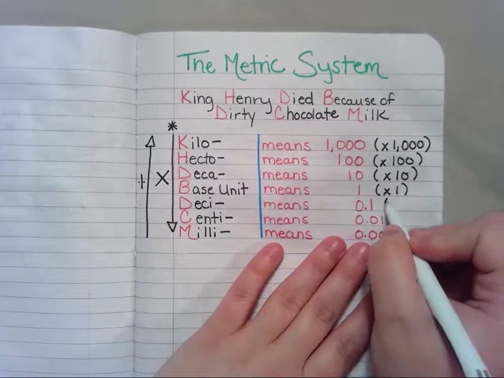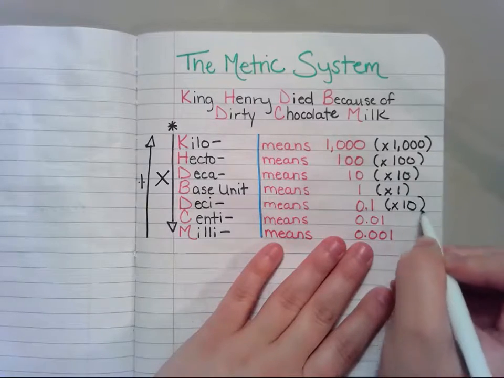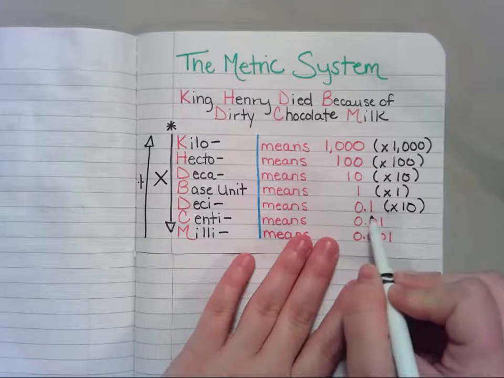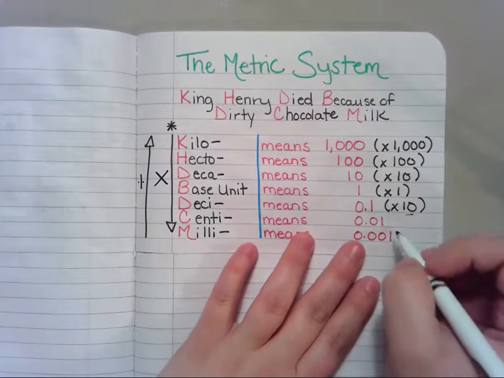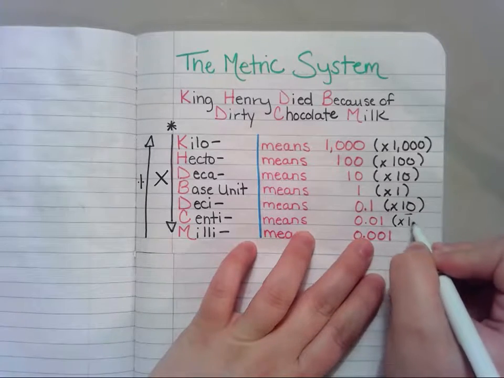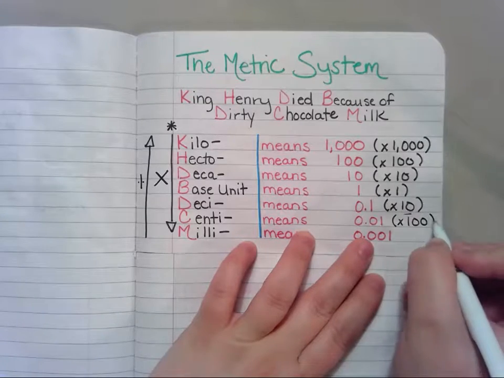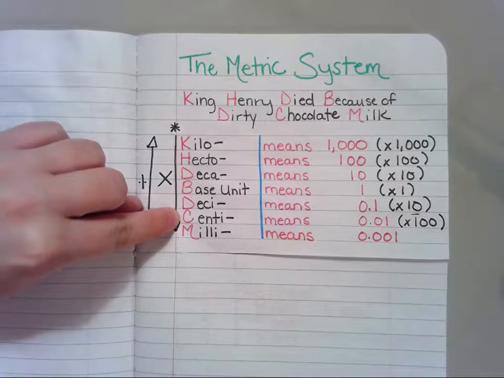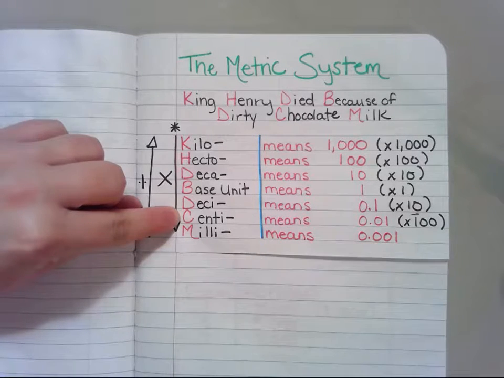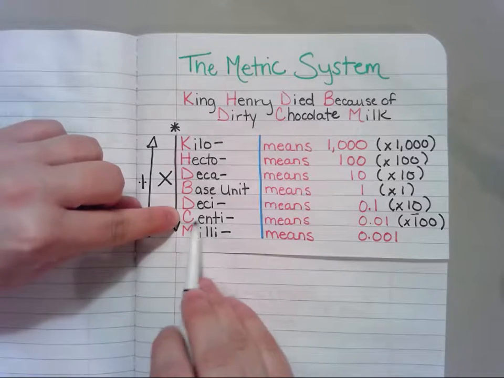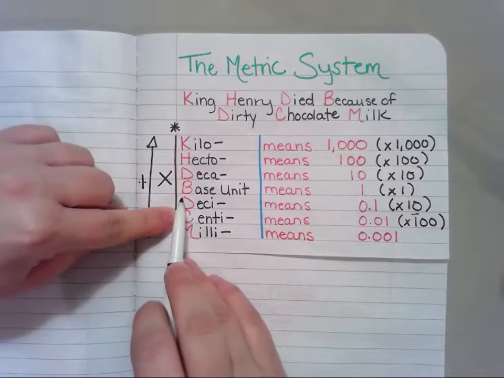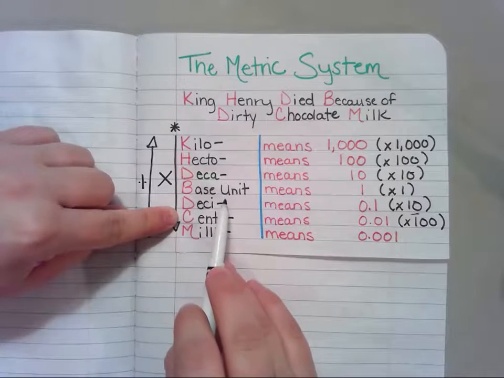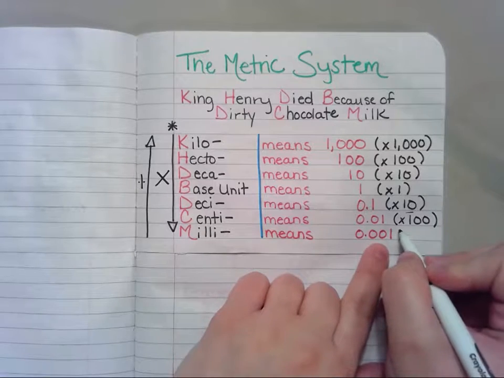This one is times 10 because it's 1/10. This one is times 100. So if I'm going from my base unit to a centi unit, I'm going to multiply by 100 because it's going to take more of these to give me my base unit, and I want a bigger number than what I started with.